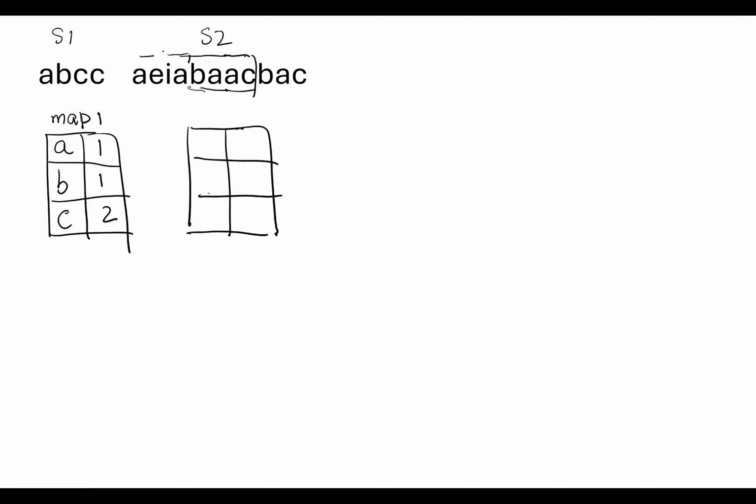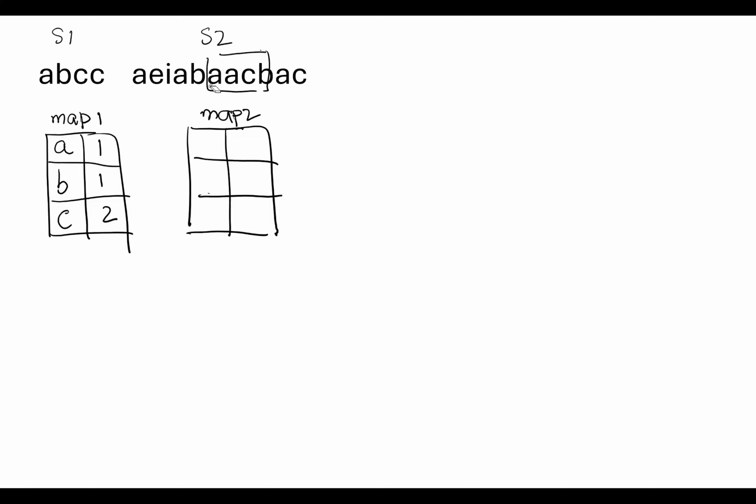We will keep on doing this, and keep checking when the window gets invalid. But our final goal is to get a window where the frequencies of this window are the same as the frequency of string S1. So this is our target. This is consistently changing in map 2.